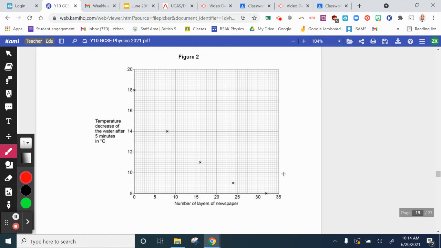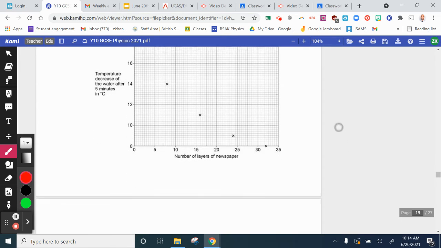When we had 7 layers, we had a drop of 14 degrees. 16 layers, we had a drop of about 11 degrees. We had 24 layers, we had a drop of 5 degrees, and at 32 layers, we had a drop of 8 degrees. So we can see as the number of layers gets higher, the temperature drops less and less.